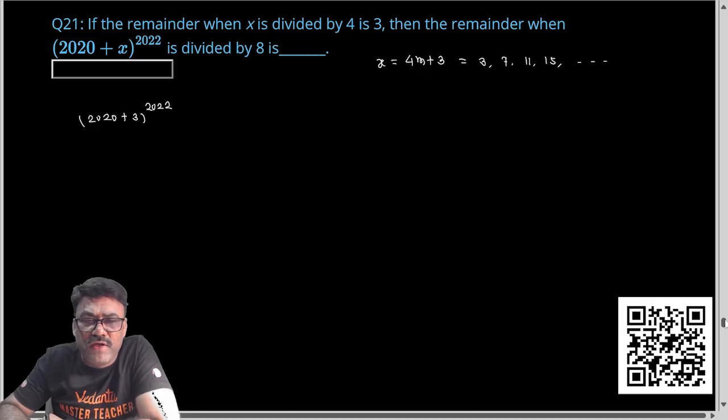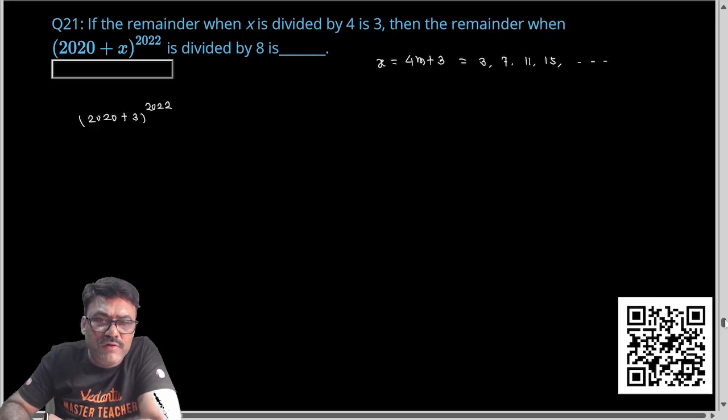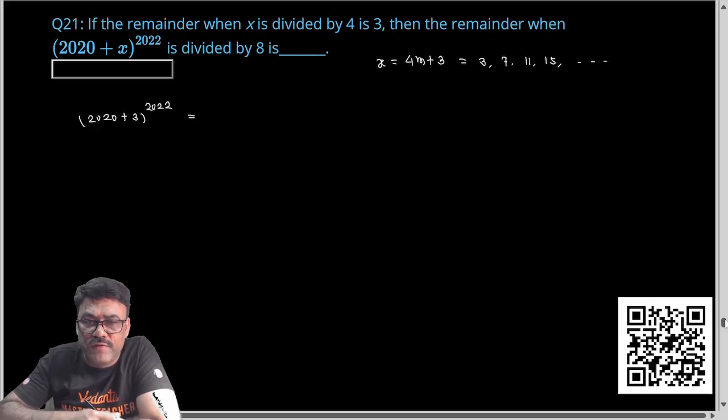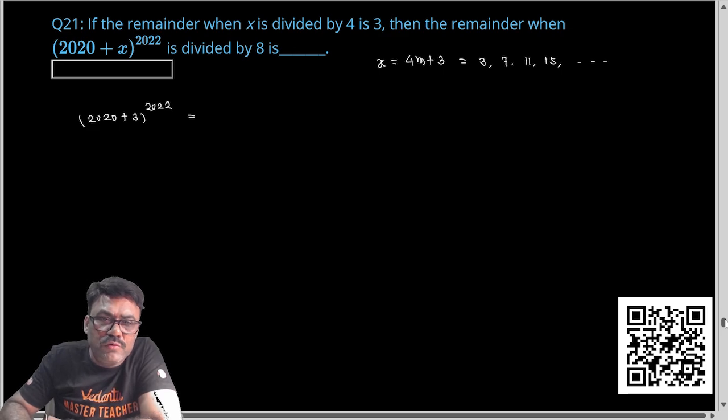Now they are asking if I divide it by 8, what will be the remainder? So since I'm dividing it by 8, in the base, I will try to bring a multiple of 8, and then I will erase the multiple of 8. So it is what? 2020.